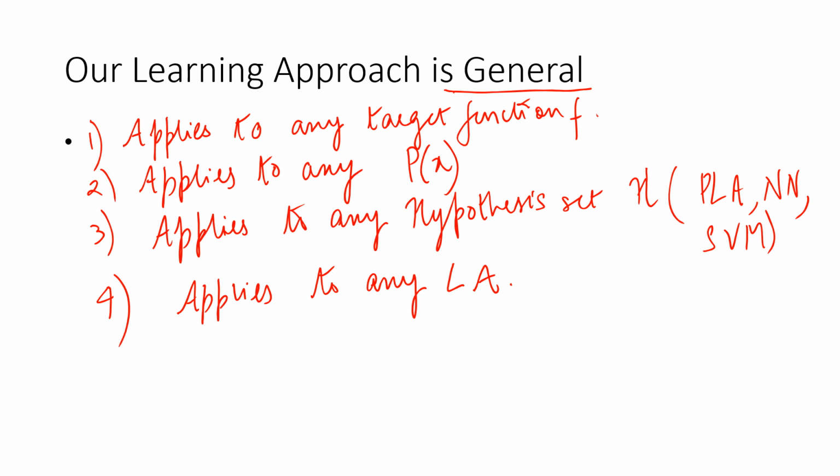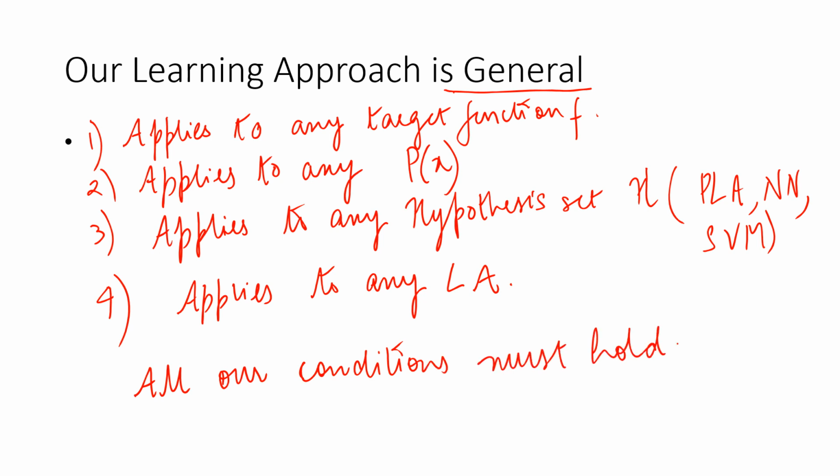The only thing I would like to reiterate from what we said earlier is that all our conditions that we specified earlier must hold. That's the important part. Otherwise, the entire theory that we built until now is general.